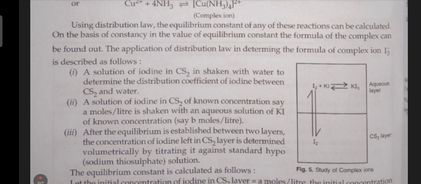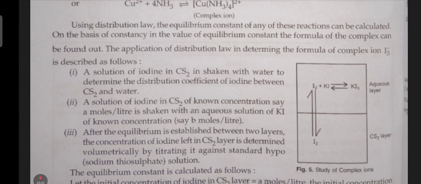The application of distribution law in determining the formula of a complex ion is described as follows. A solution of iodine in CS2 is shaken with water to determine the distribution coefficient of iodine between CS2 and water. A solution of iodine in CS2 of known concentration, say a mole per liter, is shaken with an aqueous solution of KI of known concentration, say b mole per liter.